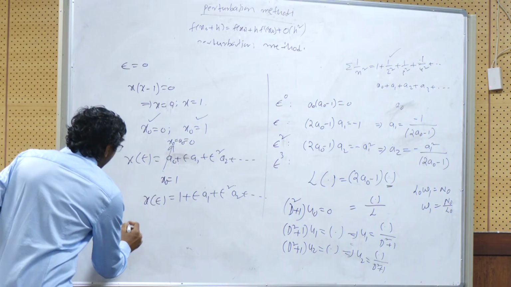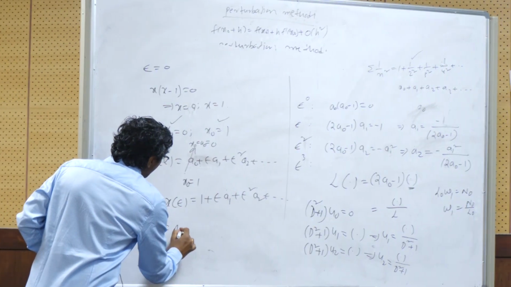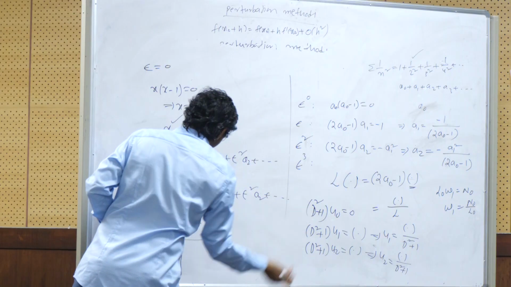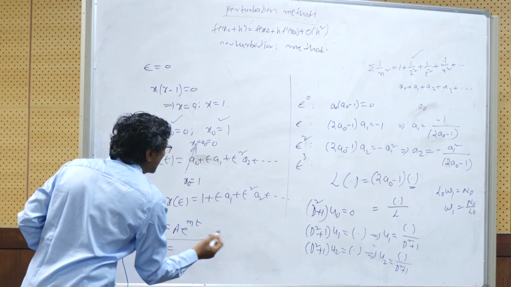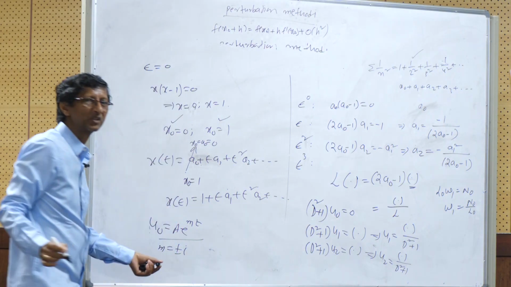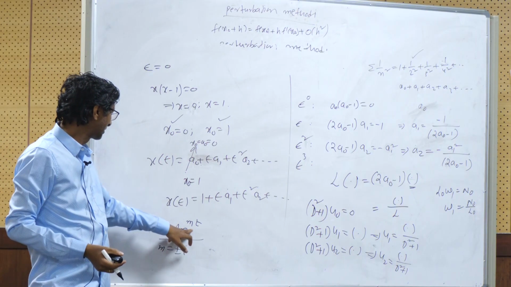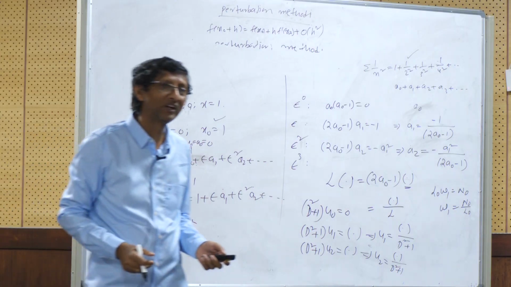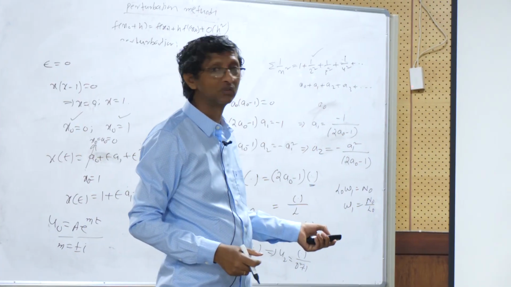The solution u0 you can write as a into e to the power of m t. Substitute here, and the m values will be plus or minus i. Substitute back and simplify, so you can receive the cos function, and you can write it in terms of cos.